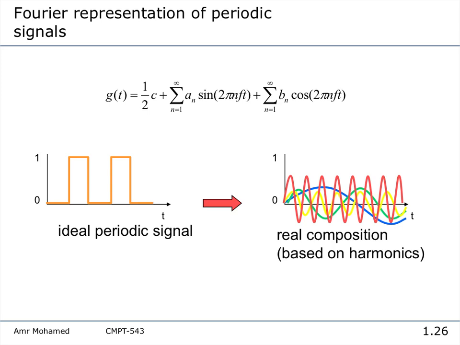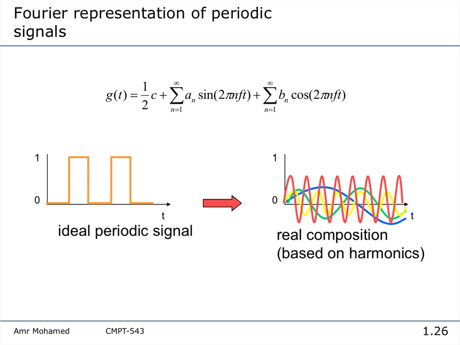And then we started to talk about the three fundamental parameters that characterize any signal, which are the amplitude, the phase, and the frequency. We talked about the different visual representations of a signal.